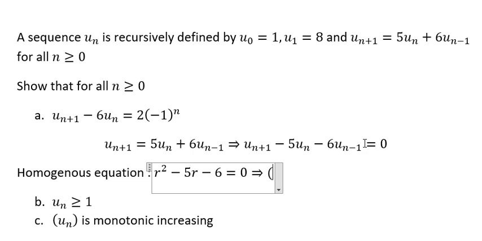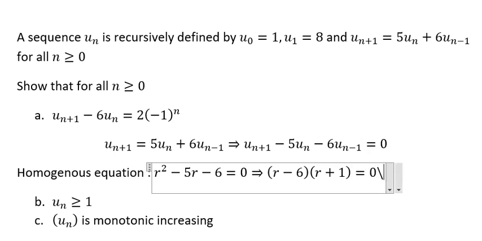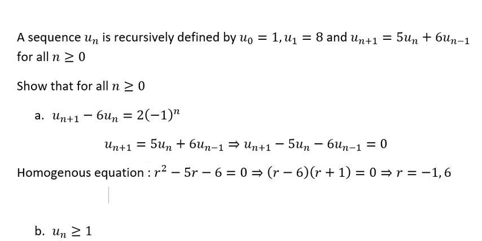Minus 6 and 1. So this is going to be r minus 6 into r plus 1 equal to 0, which means we have 2 values of r: r equal to minus 1, r equal to 6.